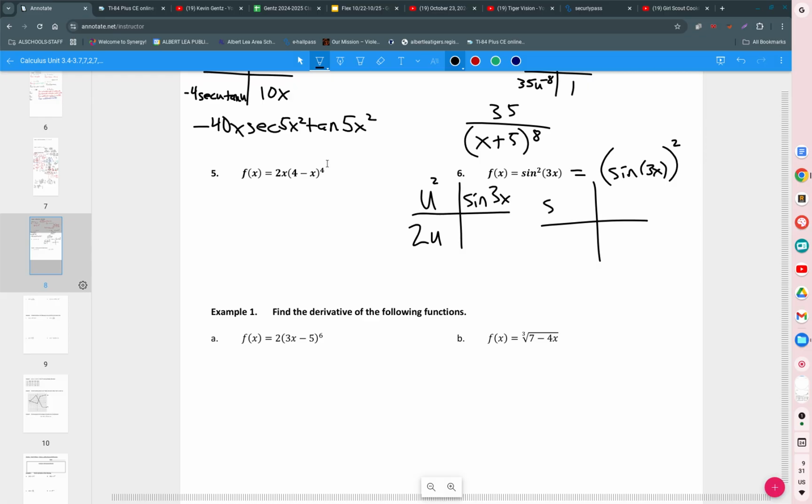I have sine of u, and I have 3x. The derivative of 3x is 3, and the derivative of sine is cosine. So when I multiply these together, that's what goes in this box: my new derivative, 3 times the cosine of 3x.